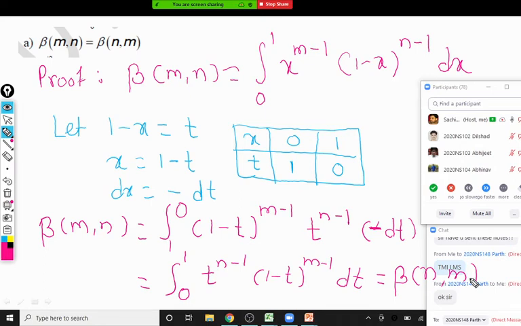Any doubt, anyone? Sir, do we have to mention that property? No need. These proofs come for 2 marks only, and whatever we have written on the screen, if you write only that part in the exam, you will get full marks, 2 out of 2. Okay, sir, no need to mention the reasons.